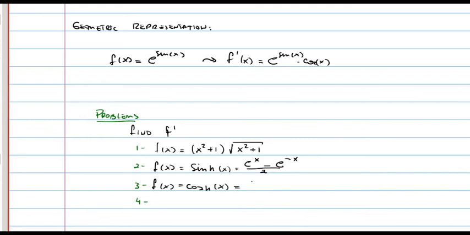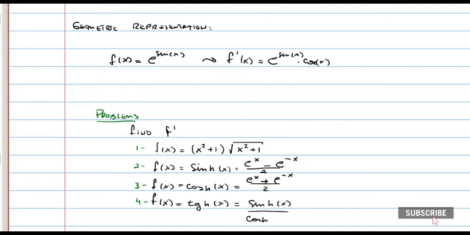It's e to the x plus, instead of minus, e to the minus x, divided by 2. And last but not least, f of x equal to the hyperbolic tangent of x, which is defined in the same way as the normal tangent, only in terms of the hyperbolic sine and cosine: the hyperbolic sine of x divided by the hyperbolic cosine of x. To calculate this derivative, you're going to have to use the quotient rule.